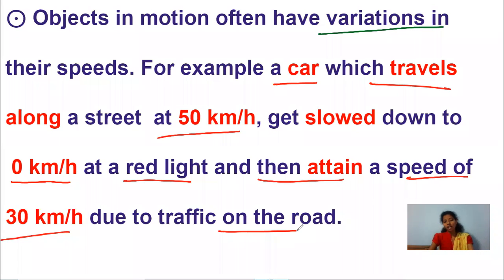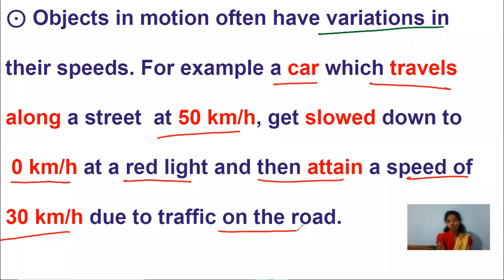So here we observe different speeds at different places and different situations, right? Here the car travels along the street at 50 km per hour and is slowed down to 0 km per hour at the red light and again attains a speed of 30 km per hour due to traffic on the road.